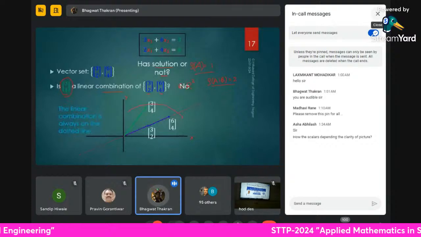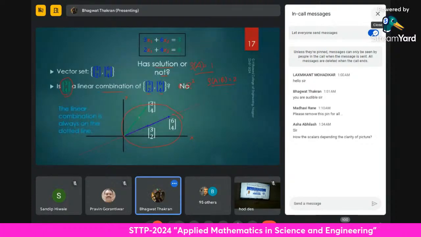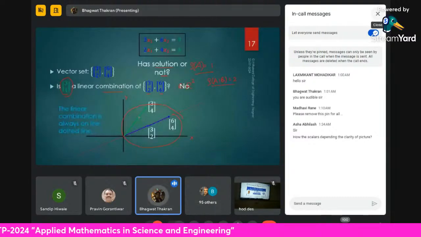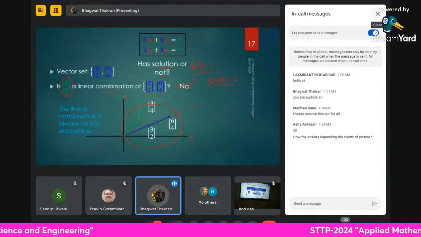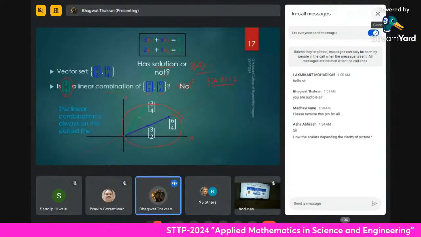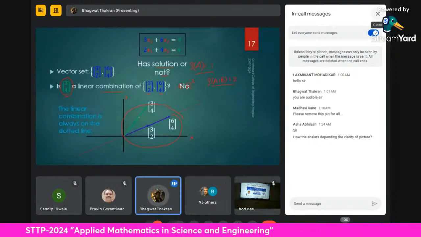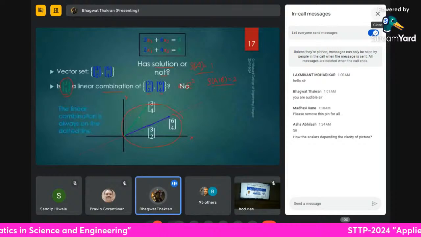And that is what we mean by the rank 2. That the linear combinations are lying on the same dotted line, but the vector on the right hand side, the constant matrix which we have taken, is not part of that linear combination. So it definitely will not have a solution. So this is the best example of how we can apply linear combination in a system of linear equations.